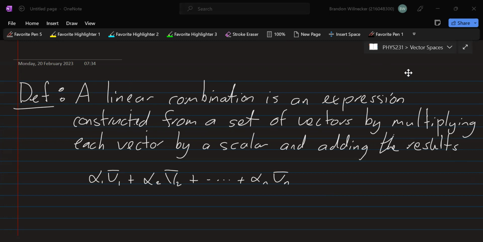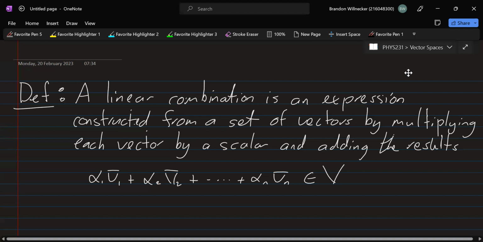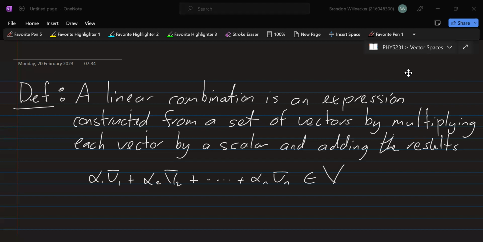Now, since at each step we're doing scalar multiplication, which produces a vector, and then we're adding vectors together, which produces another vector, this whole result is again a vector from the vector space. Okay, so this is a linear combination.